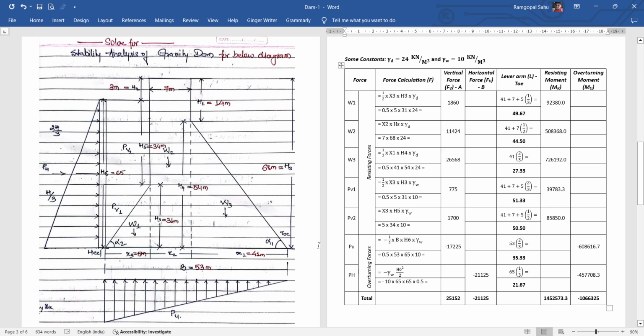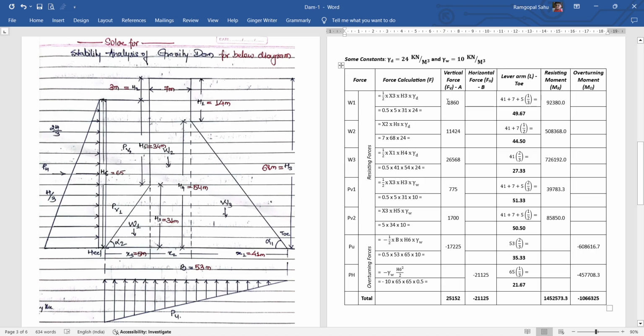Here h is H6, the height of the water, HFL, 65 meter. Here also it's an overturning force, so a negative sign is applied. After substituting the values, we get around 21,125 kilonewton. And it is placed as a horizontal force, because it is acting in a horizontal direction.